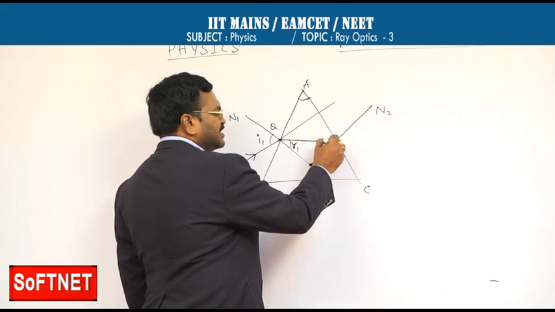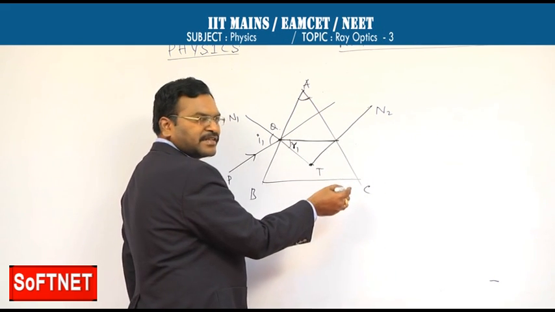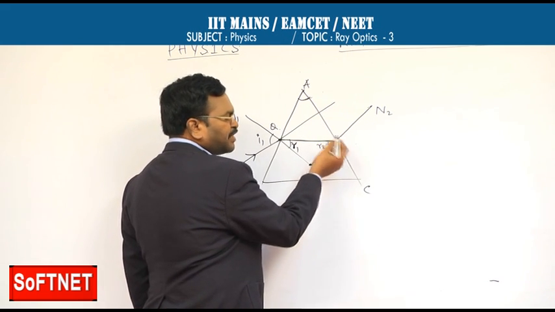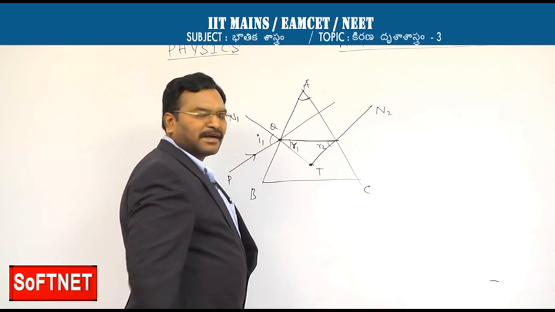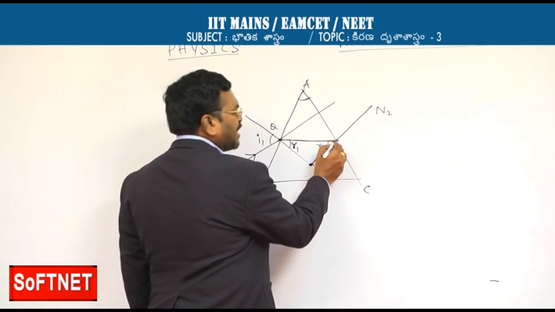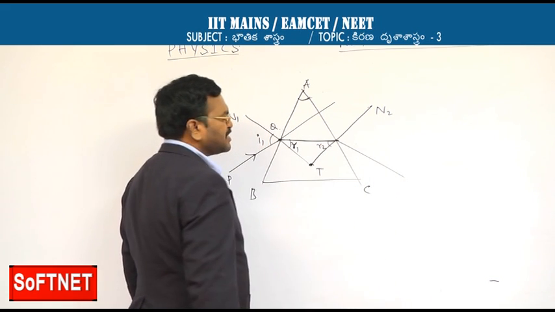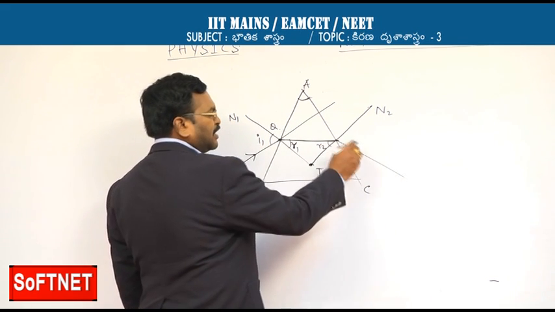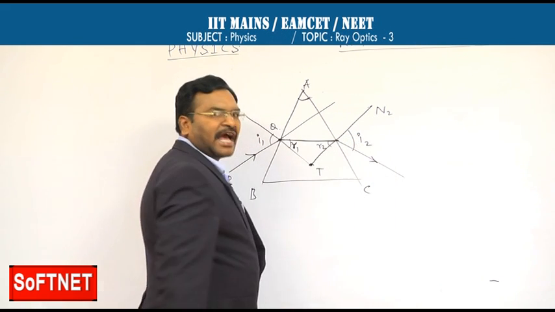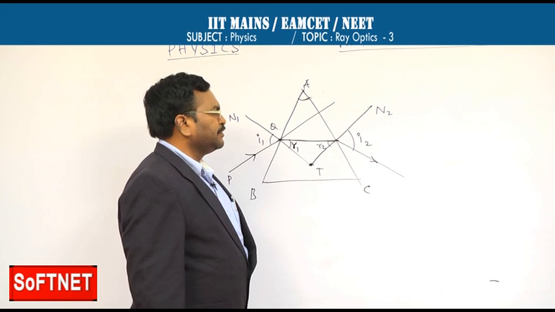Here it is incident at second refracting surface AC. Again it emerges. Light ray travels from denser medium to rarer medium, so it bends away from the normal. Now here angle of emergence is I2.